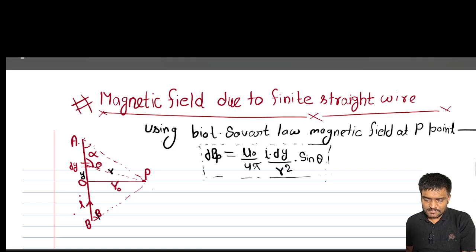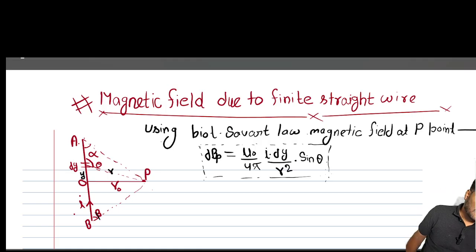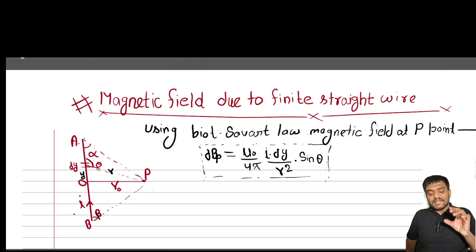But we want to calculate the complete magnetic field for the given wire AB at point P. In this expression, we have three variables: y also varies, r also varies, and theta.